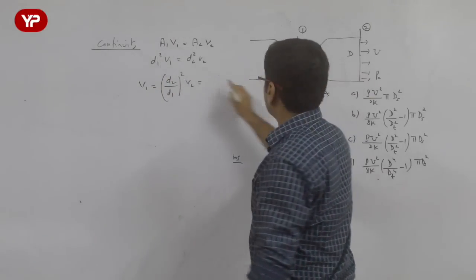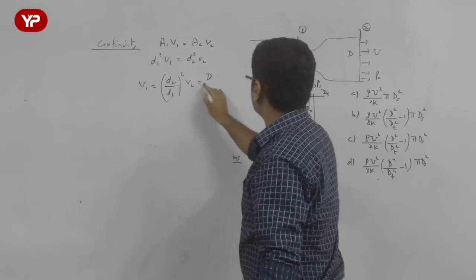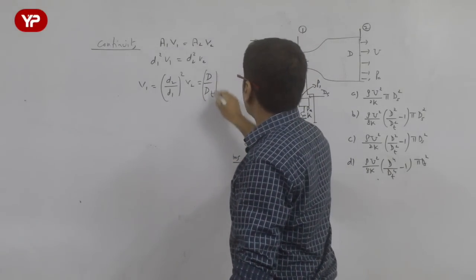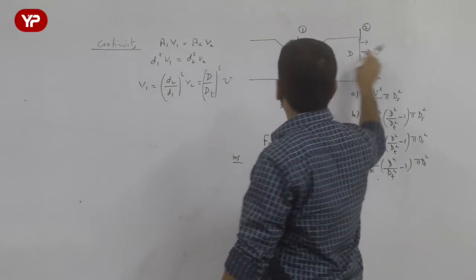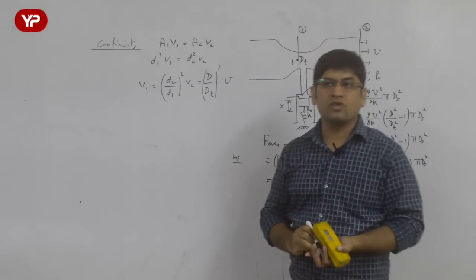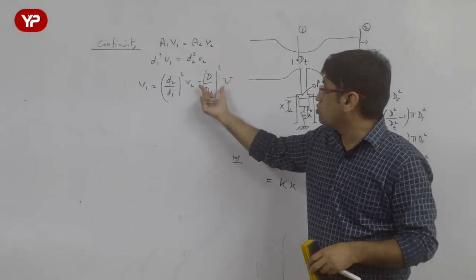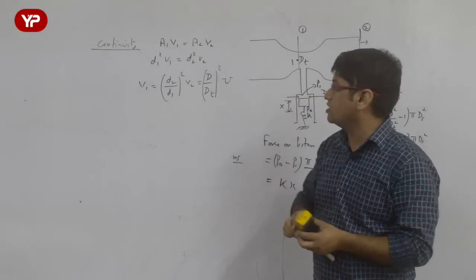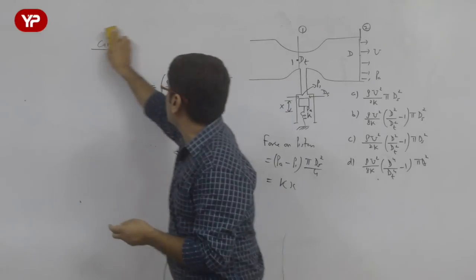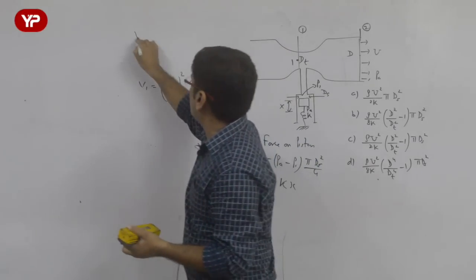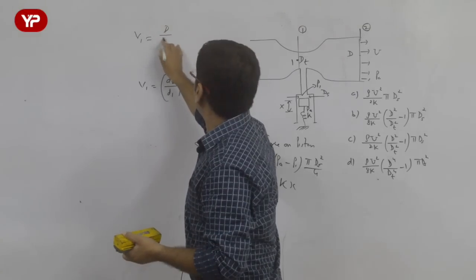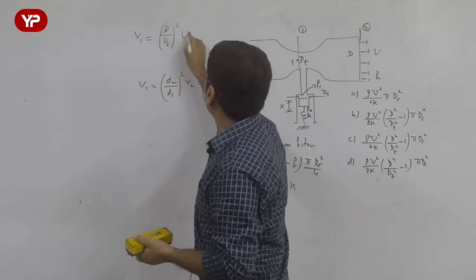What is d2? That is capital D. What is d1? That is dt. So (D by dt) whole square into V2, that is capital U. So V1, the velocity at the throat, is equal to this value into capital U. Let's keep V1 as (d by dt) whole square into capital U.